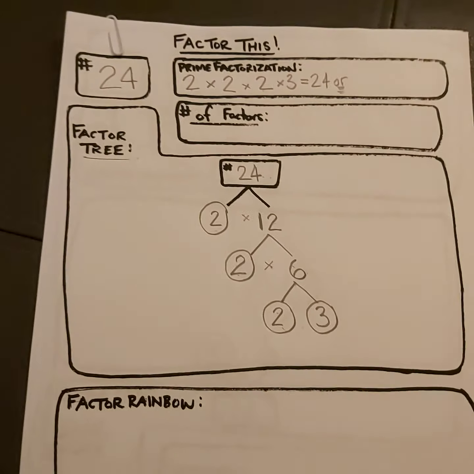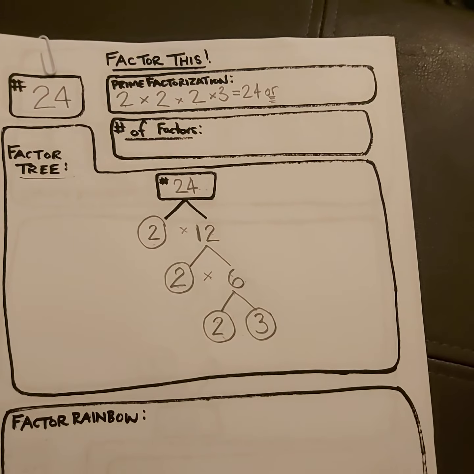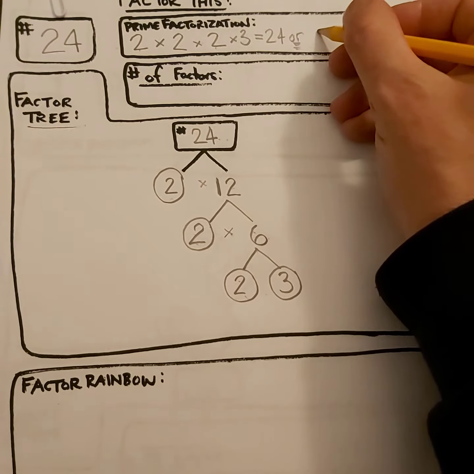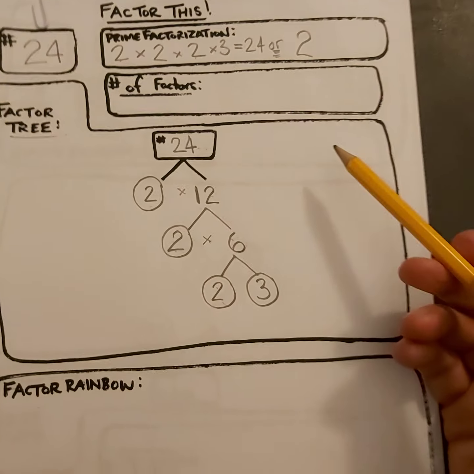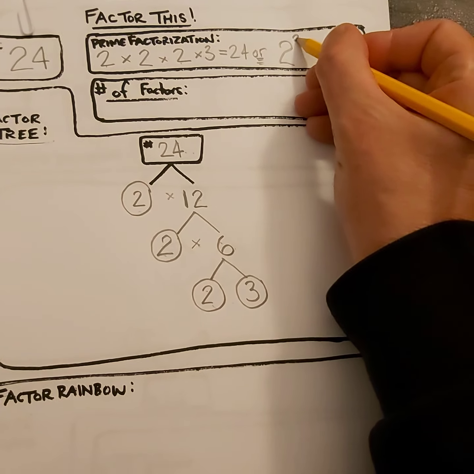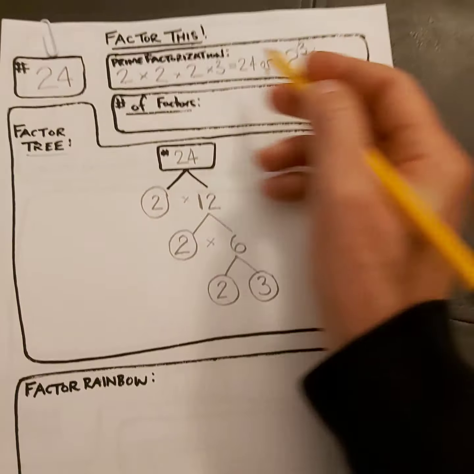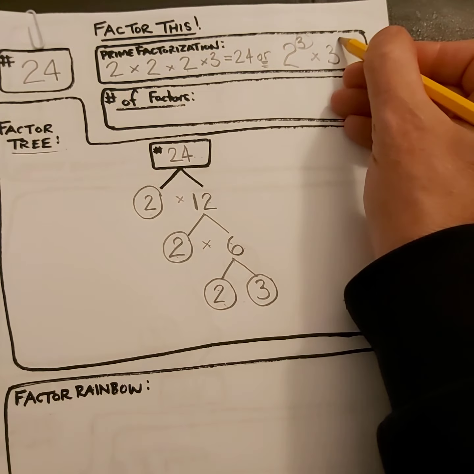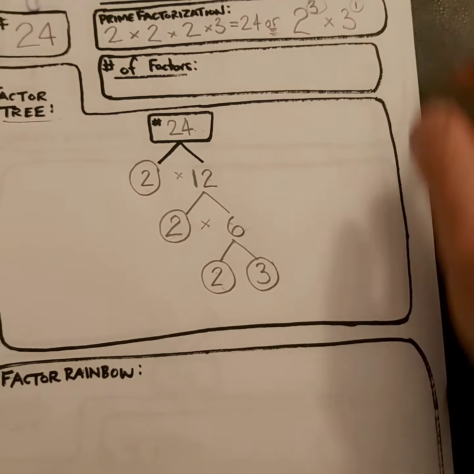Or I would write out my primes as powers using exponents. So now I'm going to start with a base of 2, and I have to count how many I have. 1, 2, 3. So that's 2 to the power of 3, okay, times 3, and there's only one of those, 3 to the power of 1.